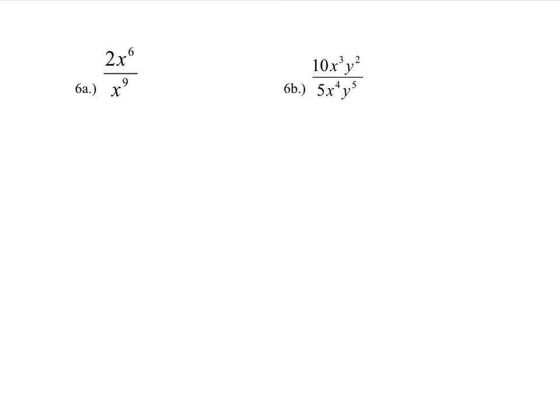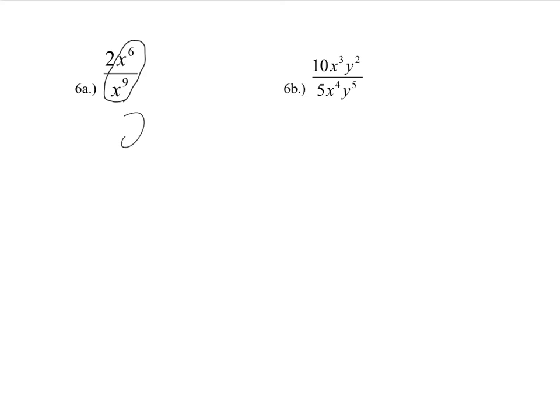All right. So flipping it to the back. These ones are a little bit different because take a look at how many x's you have on the top for 6a and how many x's you have at the bottom. I want you to think about this for a second. Have we ever done anything with negative exponents? We haven't, not yet. So I'm going to tell you right now how to deal with this. So just for example, some of you might look at this and say, well, I'm going to subtract 6 minus 9, and 6 minus 9 gives me negative 3.